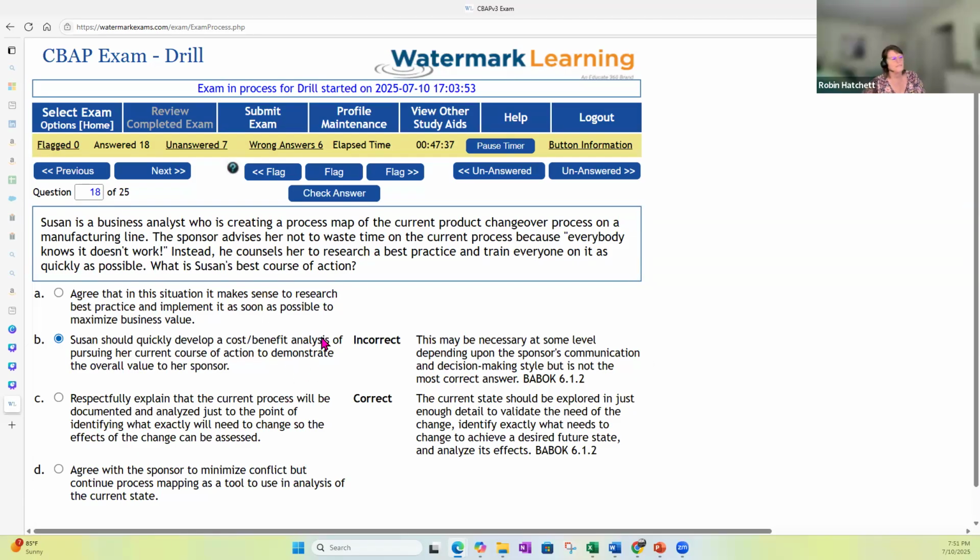This wouldn't help us with the current process as much. There is an element of identifying the cost of the current process versus the potential benefit of the future process to give us our return on investment, your cost benefit analysis, but it's not so deeply focused on documenting the current process.